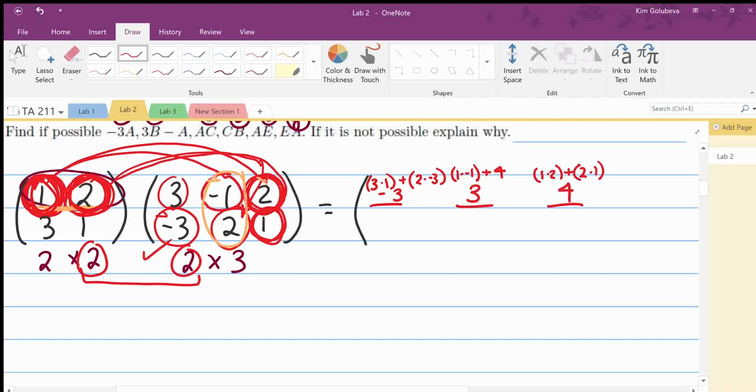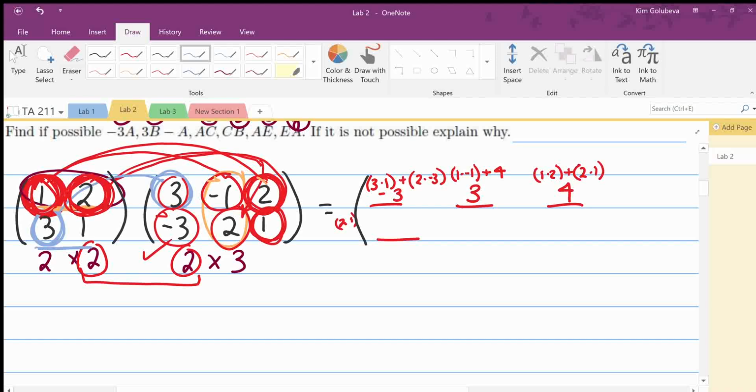Now next step to get our 2, 1 entry, we're going to take this 3 and multiply it by this 3 here, so the first one. Okay, so same sort of idea, we're taking this row and we're going to multiply it by all the columns in the next matrix.